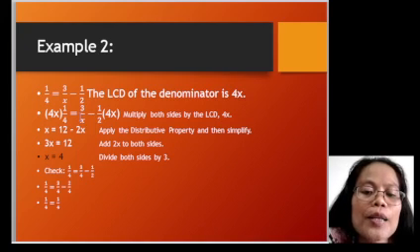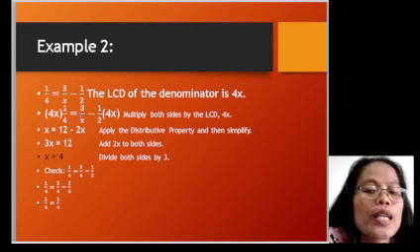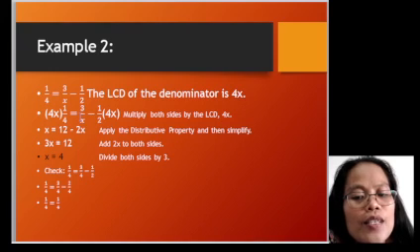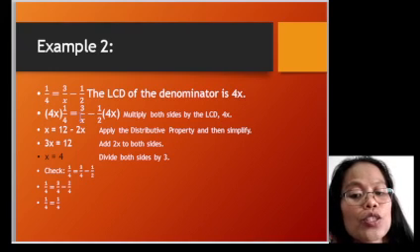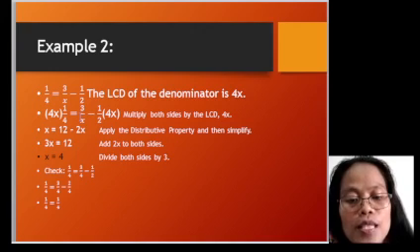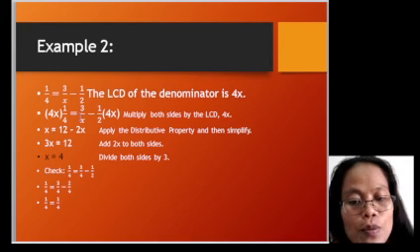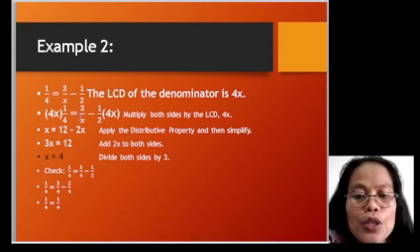Now we will divide both sides by 3 so that we can find the unknown number. Since 3 is together with x, we need to divide both sides by 3. So 3x divided by 3 is x, and 12 divided by 3 is 4. Therefore, the solution of that equation is 4.